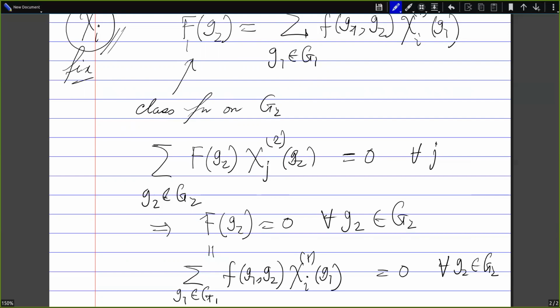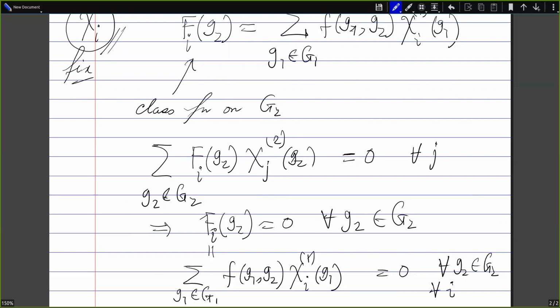Maybe if you wish, you can denote this by f_i. So finally, for any i, this f_i is identically 0. So this not only holds for a fixed i, it actually holds for any i. Is that clear what I have done? For any i that you fix, you make the function f_i, then you see that f_i has to be identically 0. So this is 0 for any i and any g2.